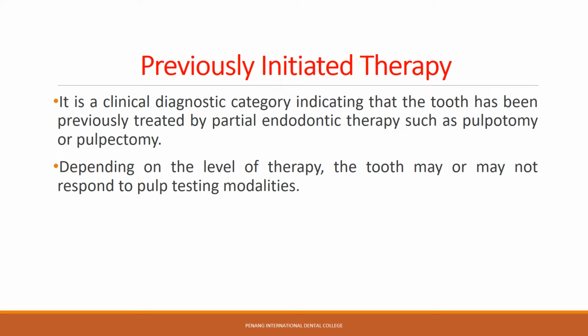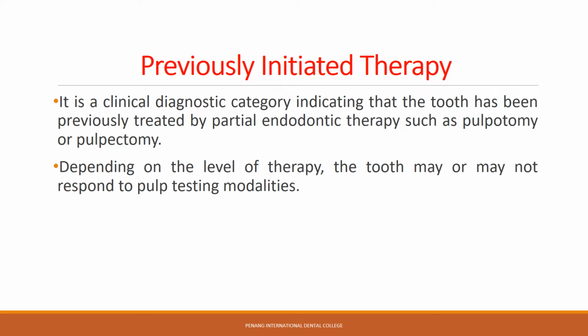If it is completely treated, it is called previously treated. If it is incomplete or partial therapy has been done, like pulpotomy and pulpectomy, the word used is previously initiated therapy. So these are the various terms which are used to describe the status of the pulp.